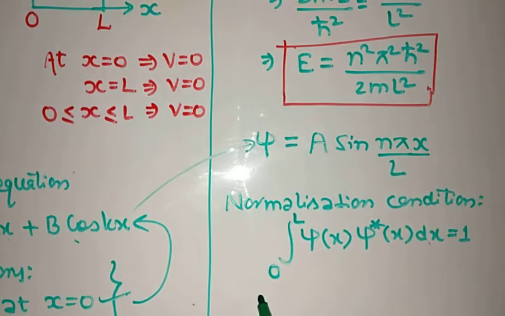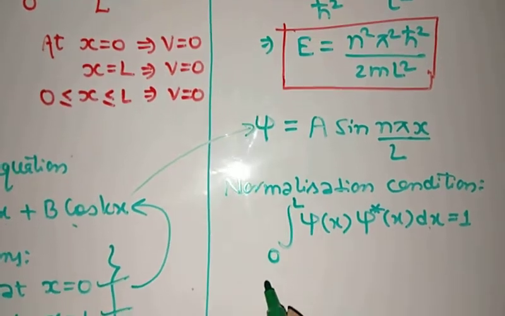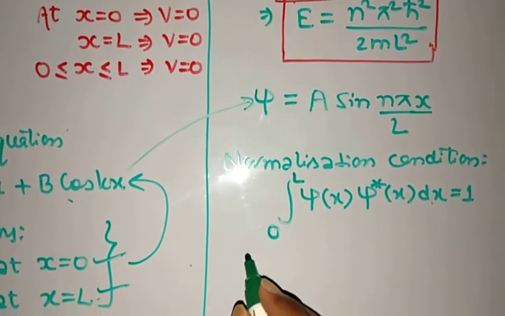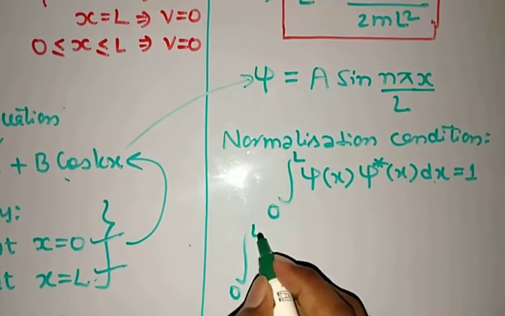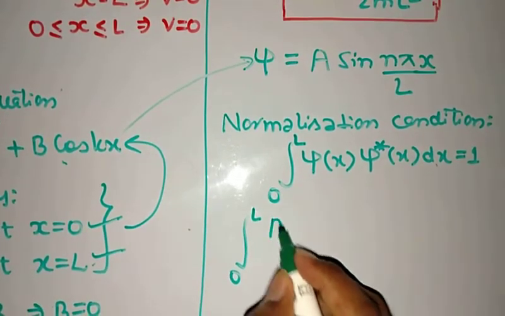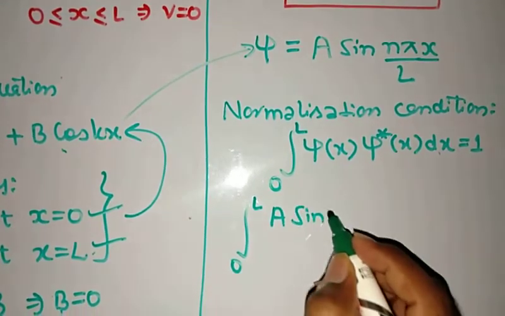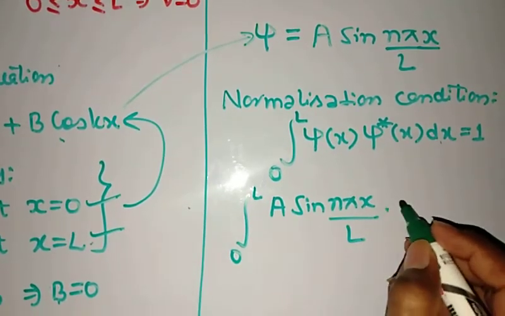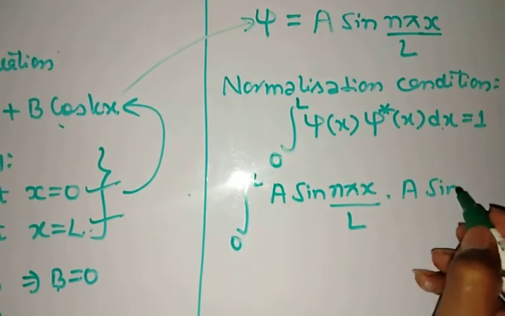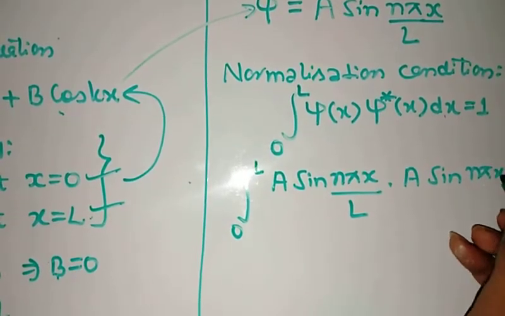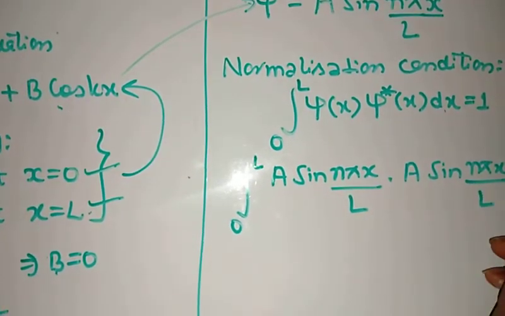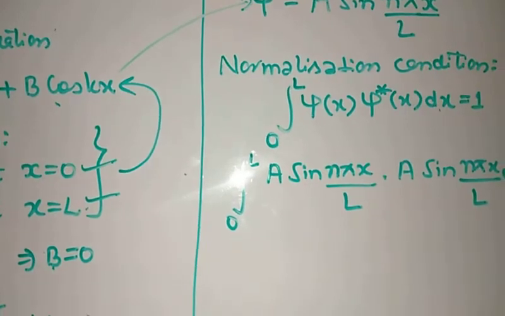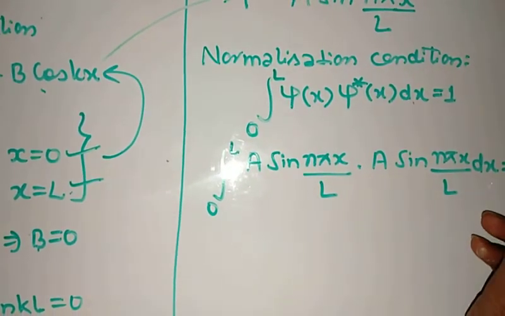Now putting the value to find the value of A, 0 to L, A sin n pi x by L, A sin n pi x by L dx is equal to 1.